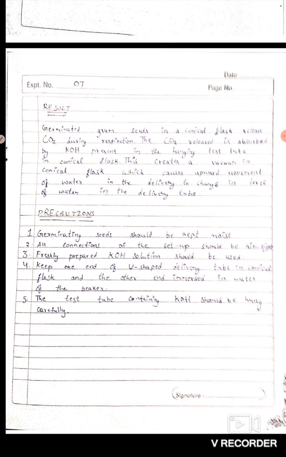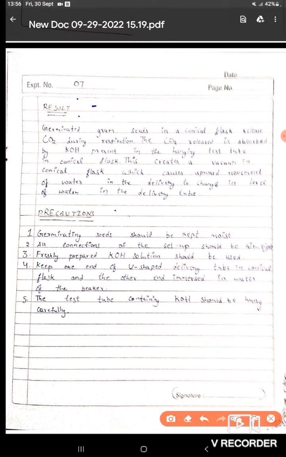Okay, and now the result will be fine. And precautions, just put like this. Okay, maybe it's fine, looks fine. I am just taking these marks with the hand, with the fingers only. That's why I am not making it proper.